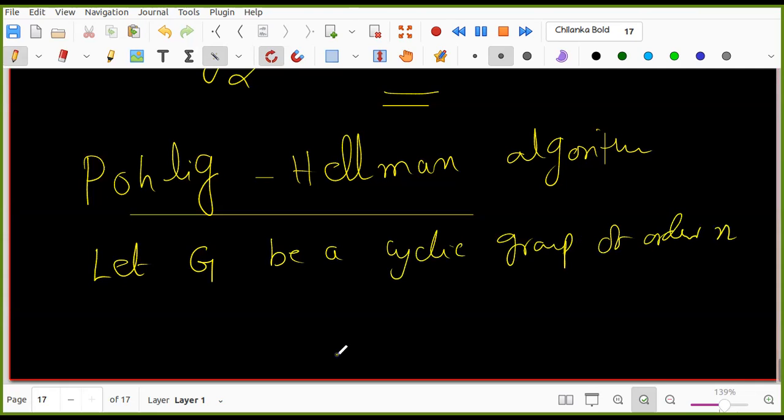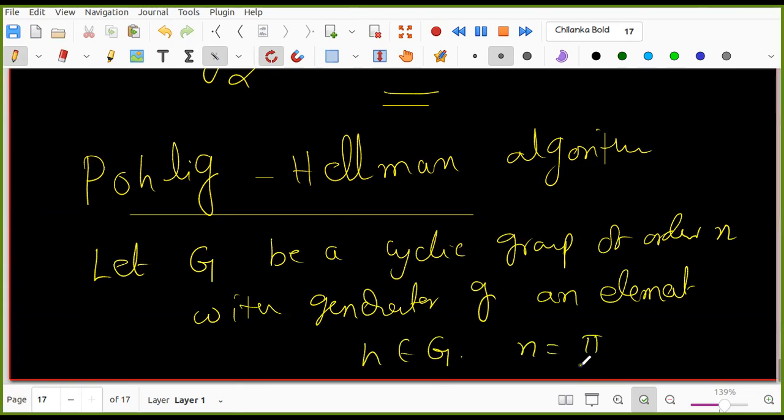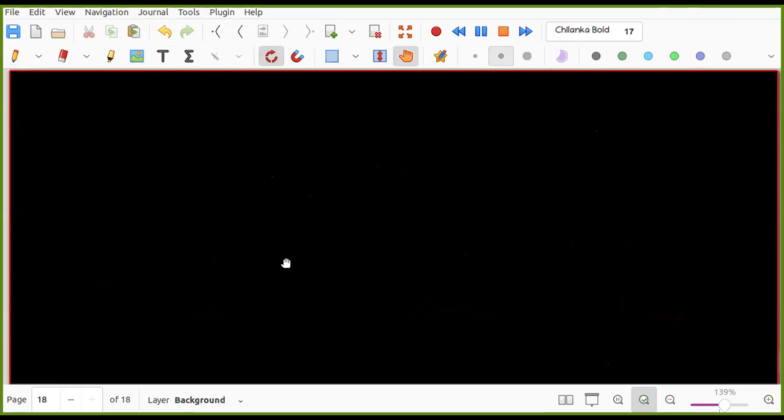Just concentrate from here, with the generator g and an element h belongs to G. Suppose n is equal to the product for i equal to 1 to r of p_i power e_i. So that is also given. So this much we have.